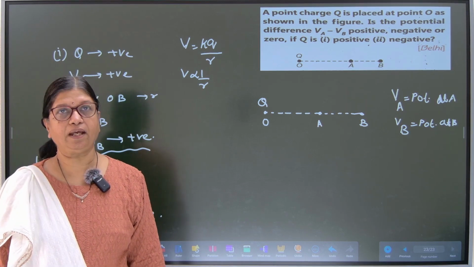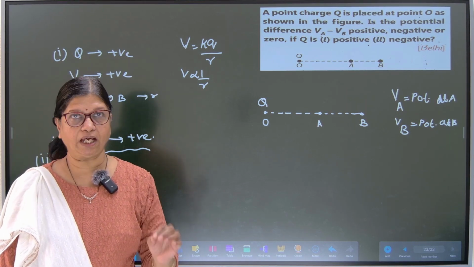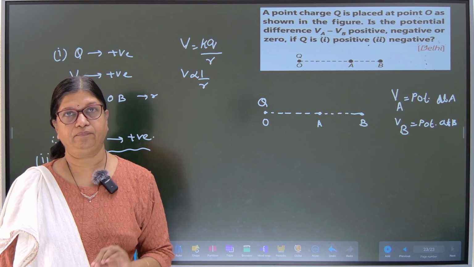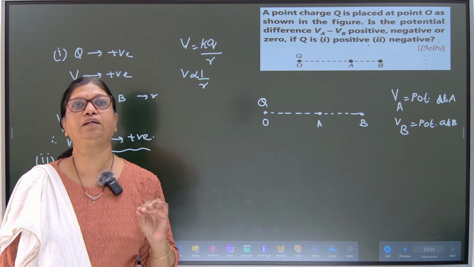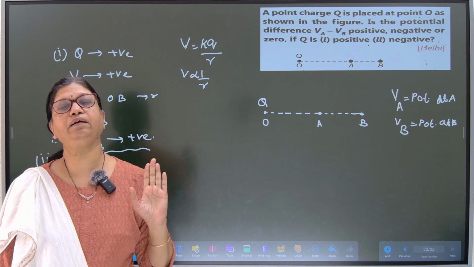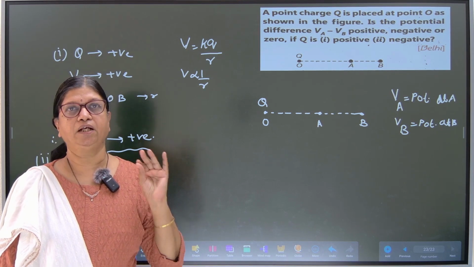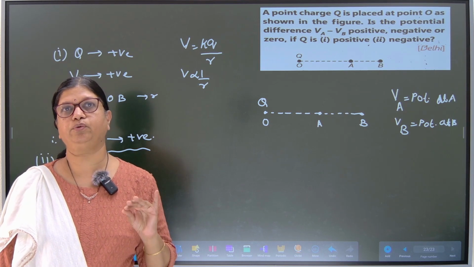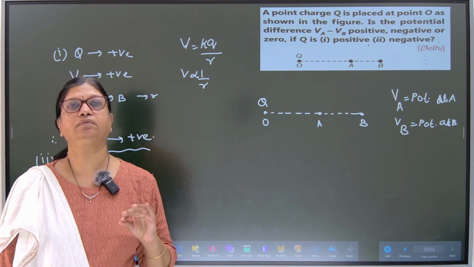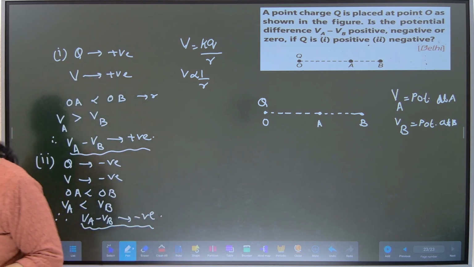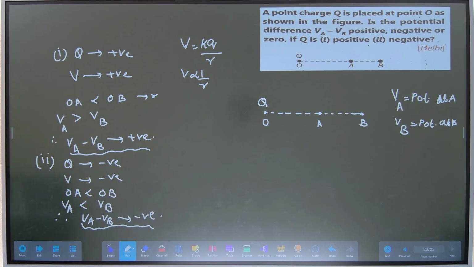Clear? So take a screenshot of what we have done. Here we have played with inequalities when the quantity is positive or negative. Clear? That little bit of maths you have to understand and find out what we are trying to do. Okay? I shall move on. You take a pic of what we have done.